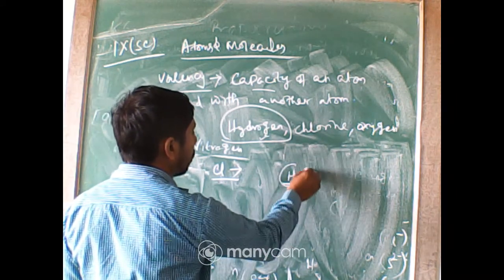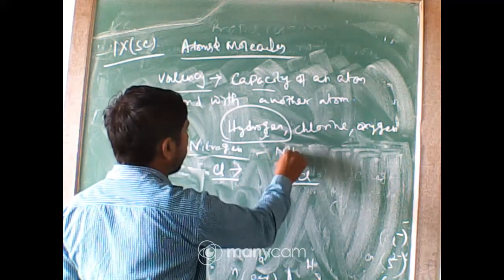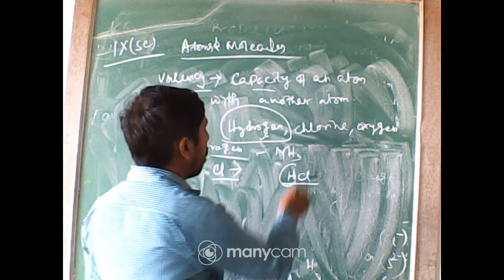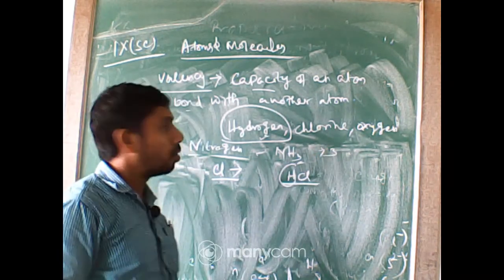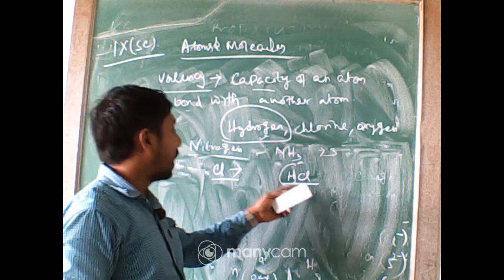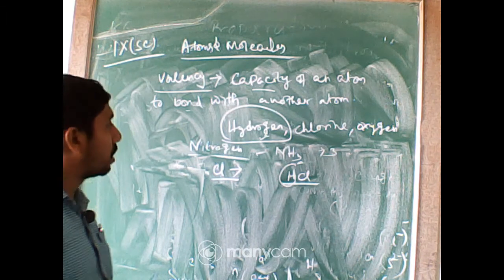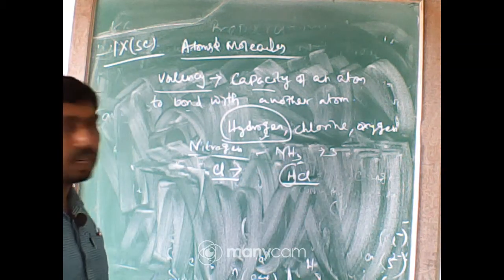So, the valency of chlorine is 1 here. Here nitrogen, one example is NH3. How many hydrogen atoms? Here 3 hydrogen atoms are bonded with that. So, here the valency of nitrogen is 3. So, in HCl the valency of chlorine is 1. In NH3 the valency of nitrogen is 3.